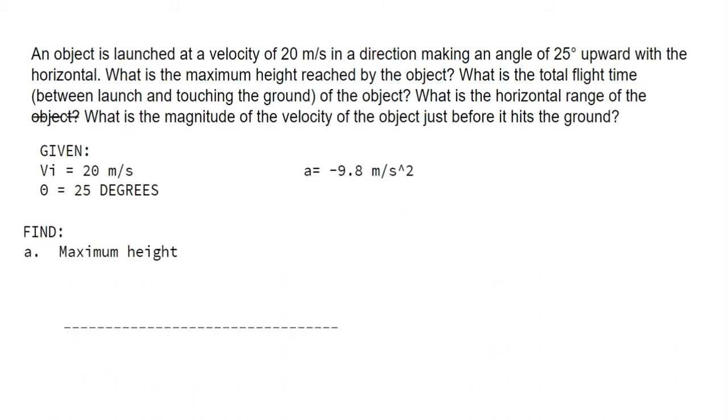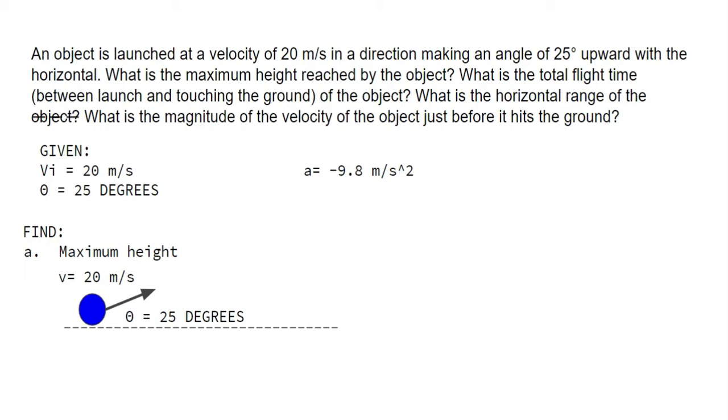Now to solve this, let us first consider the first question, which is the maximum height. So here is the sample object, and it has a velocity of 20 meters per second and is launched at an angle of 25 degrees. In solving this, we must decompose it.